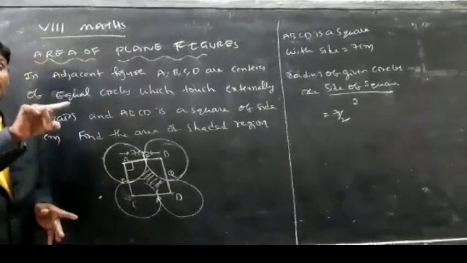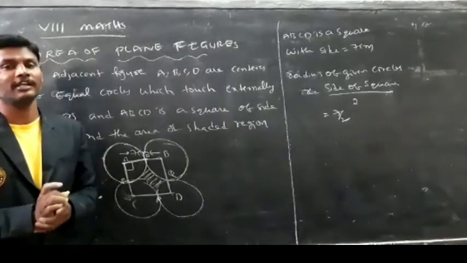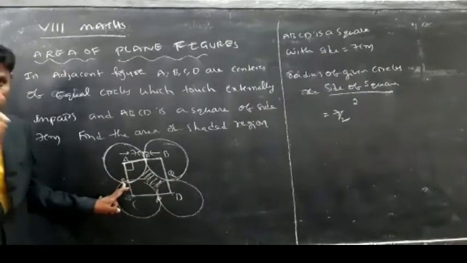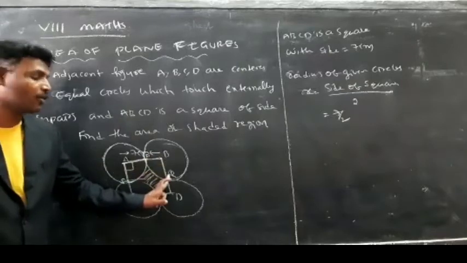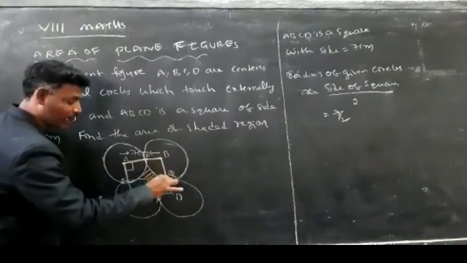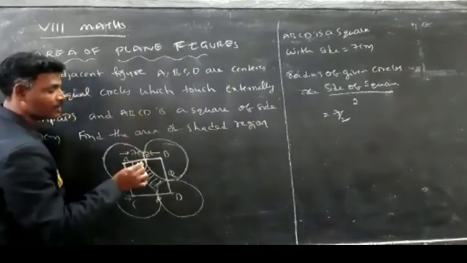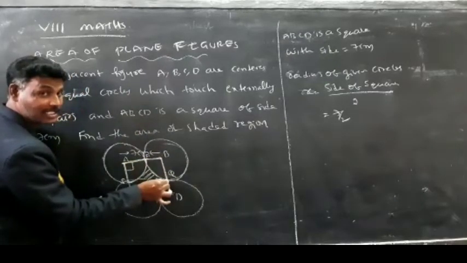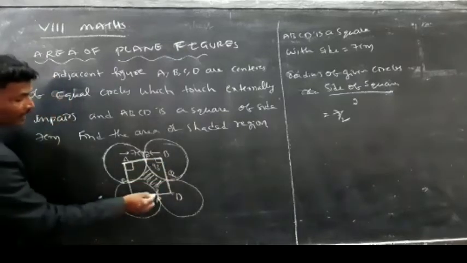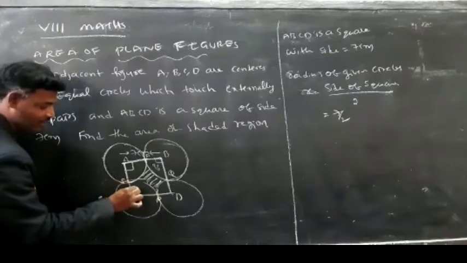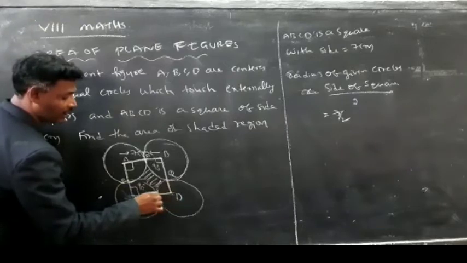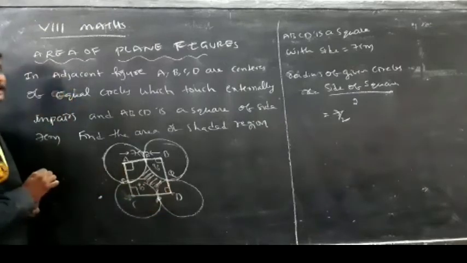Because in a square each and every angle is equal to 90 degrees. Similarly, PBQ is also a sector, because this is between two radii and an arc. So PBQ is a sector with angle 90 degrees. Similarly, RCS is also a sector with angle 90 degrees, and QDR is also a sector with angle 90 degrees.